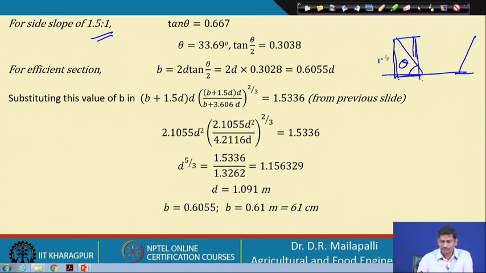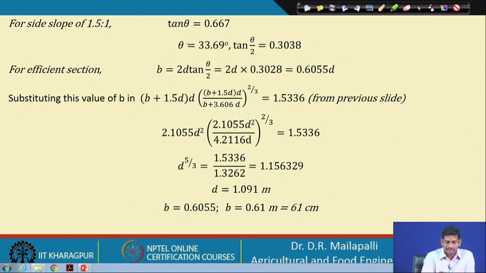So, vertical is 1.5 and horizontal is 1. So, that will be tan theta. Okay, so this is the theta, this is theta. So, just a minute. So, tan theta is equal to 1 by 1.5, because 1.5 is to 1.